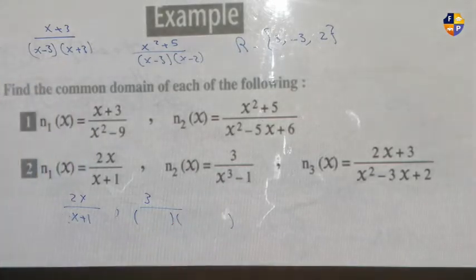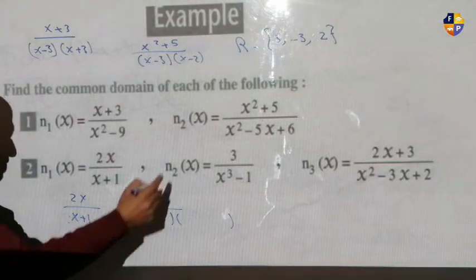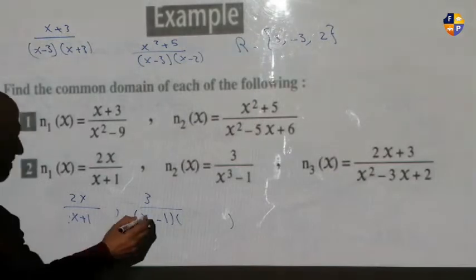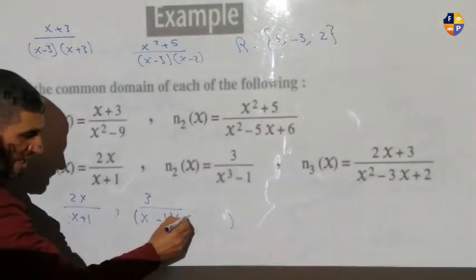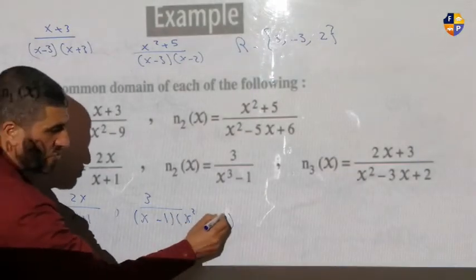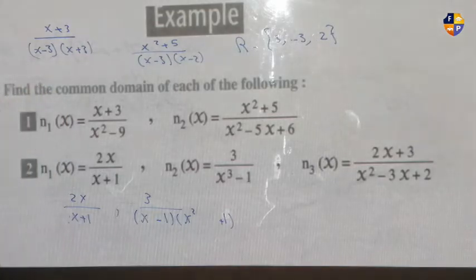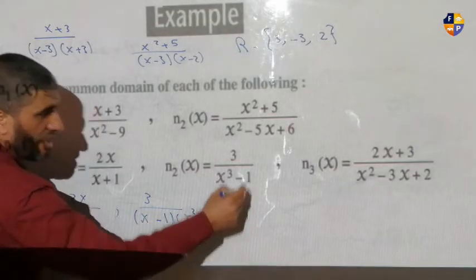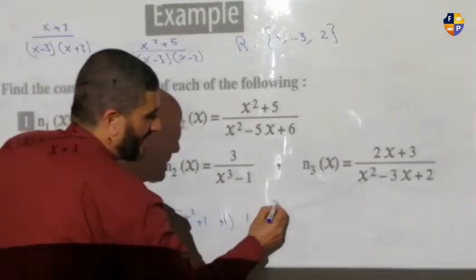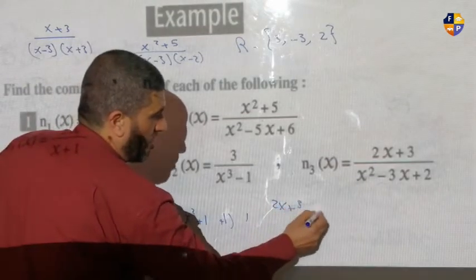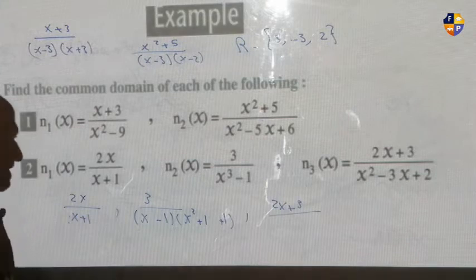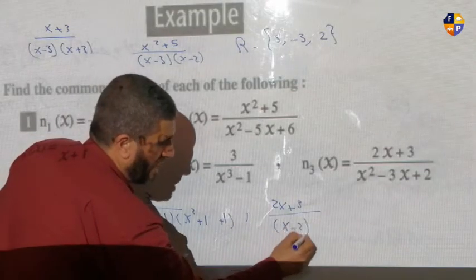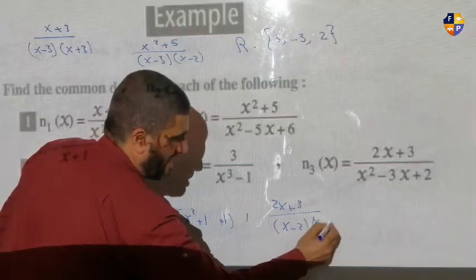Taking the cubic root of the first, x, the cubic root of the second, 1, negative, and first power 2, x power 2, second power 2, 1, first times second, opposite sign, positive x, plus 1. Okay? Number 3, 2x plus 3 over, we can factorize this by x minus 2, x minus 1.